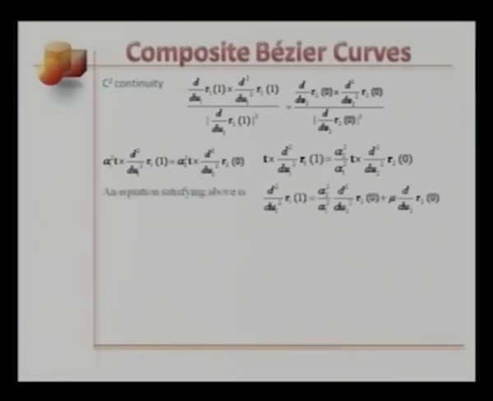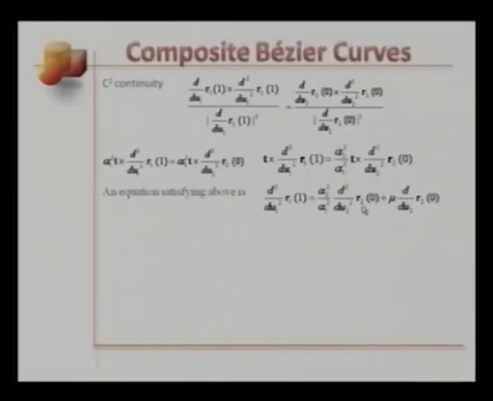An equation that satisfies this relation is given by the second derivative of r1 at u1 equals 1, which is equal to alpha 2 squared over alpha 1 squared times the second derivative of r2 at u2 equals 0, plus some scalar mu times the first derivative of r2 at u2 equals 0.